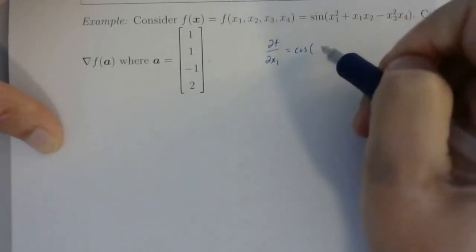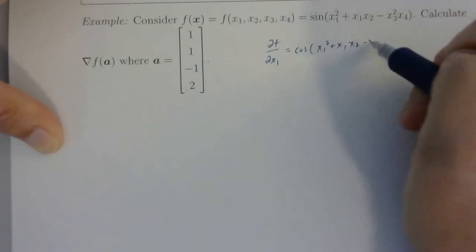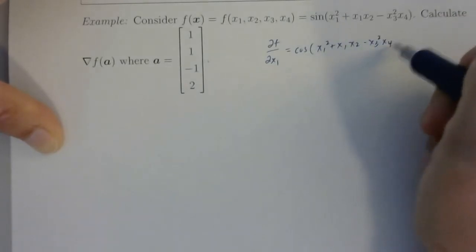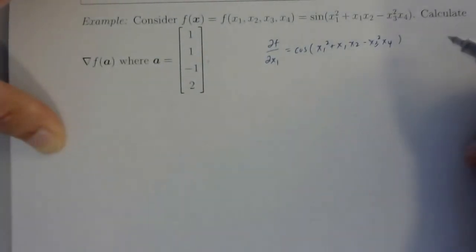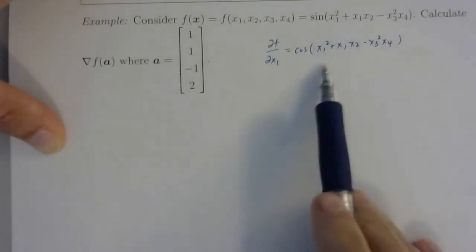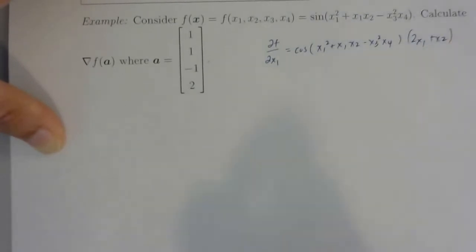Sine becomes cosine with the same argument. So cosine of x1 squared plus x1 x2 minus x3 squared times x4, and then times the derivative of the argument of the cosine with respect to x1, which is just 2x1 plus x2.